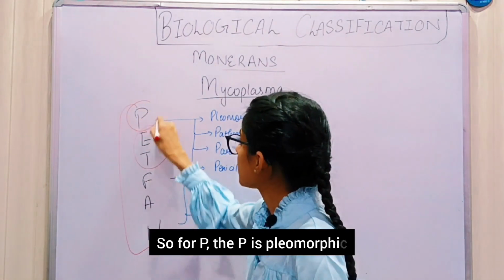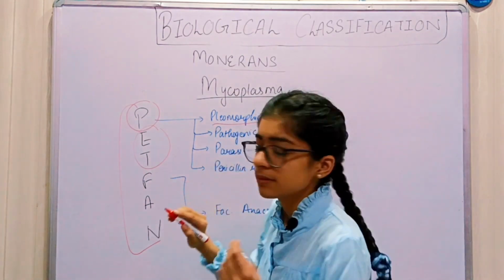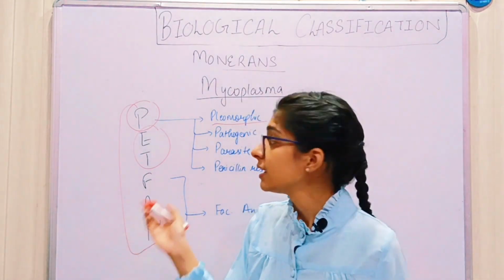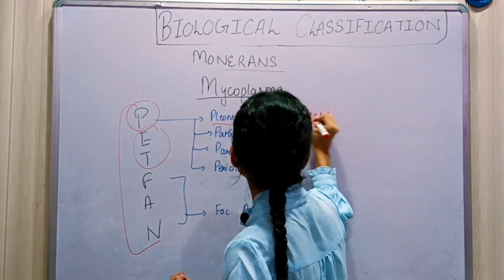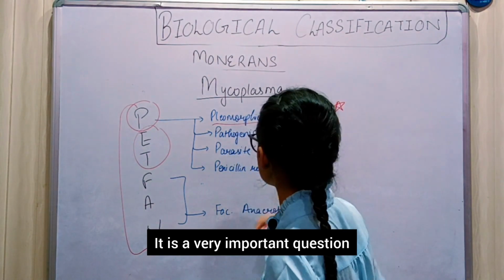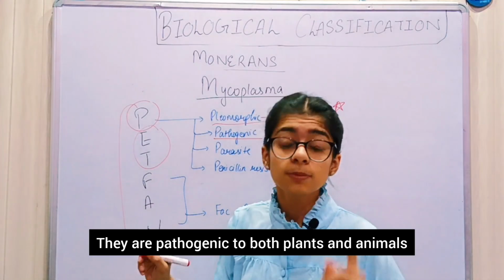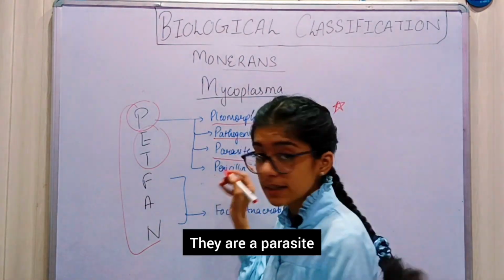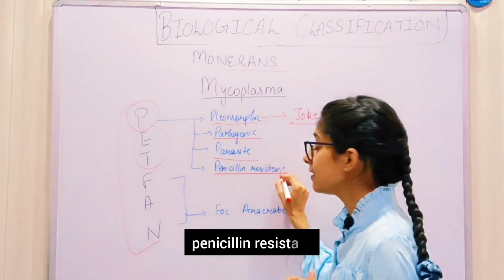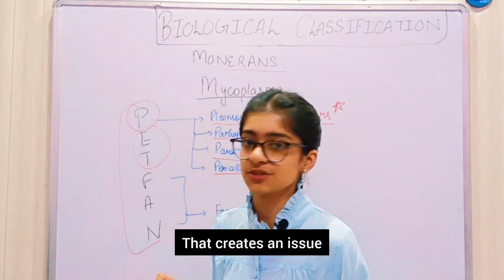So for P, the P is pleomorphic, can change its shape. So they are also called the jokers of the plant kingdom. It is a very important question. They are pathogenic to both plants and animals. Parasite. They are a parasite. Penicillin resistant. That creates an issue.